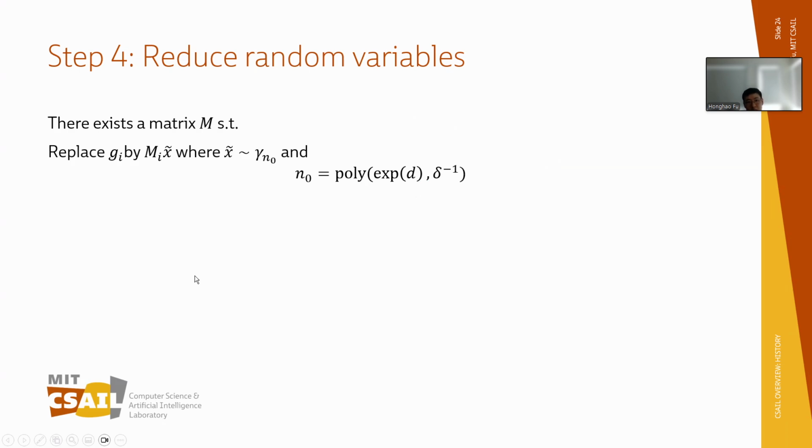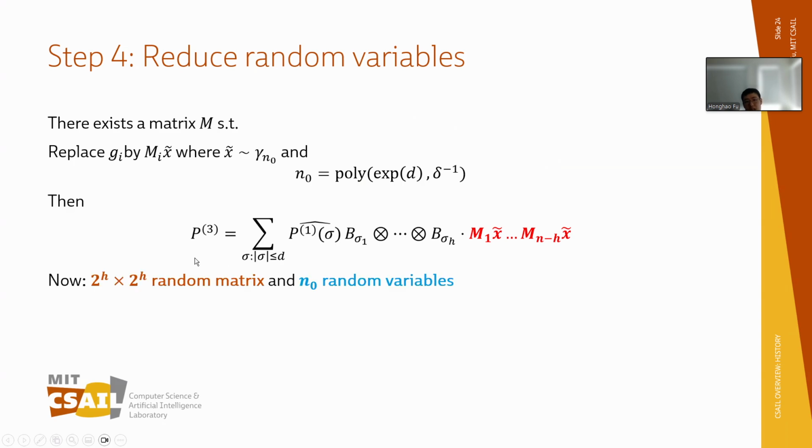So we can have P3 to be just as before, but each Ji is replaced by this inner product of the matrix and the random vector. At this point, the random matrix is as small as in the previous step, but the number of random variables is n0.